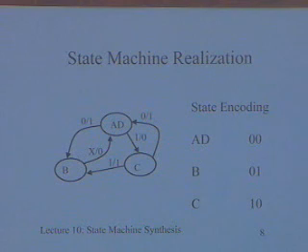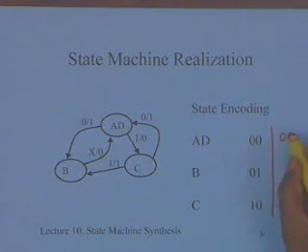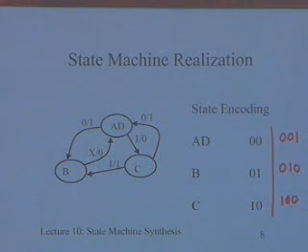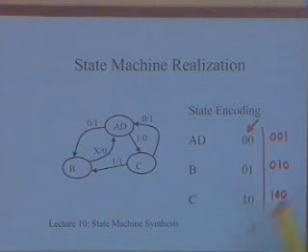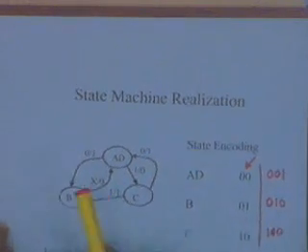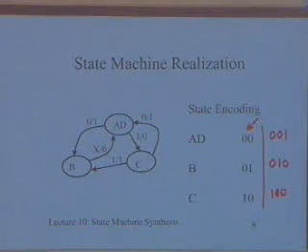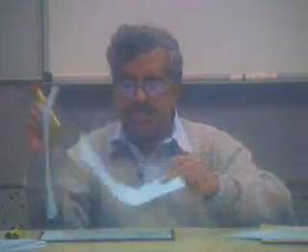I could have done a one hot encoding. A one hot encoding could have been 001, 010 and 100. This would have required 3 bits because there are 3 states, but let me go ahead with this. So this is one type of encoding, and this is the first thing that I do. Once I have this encoding, then I can translate this diagram into a table like this.